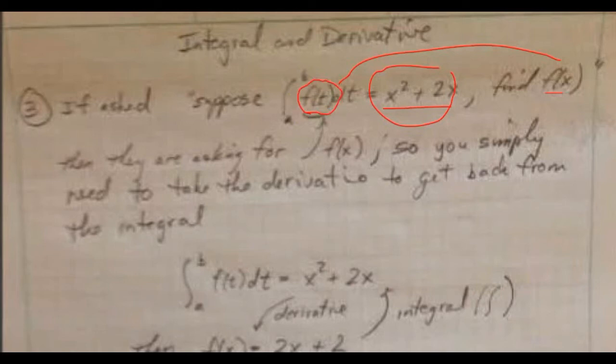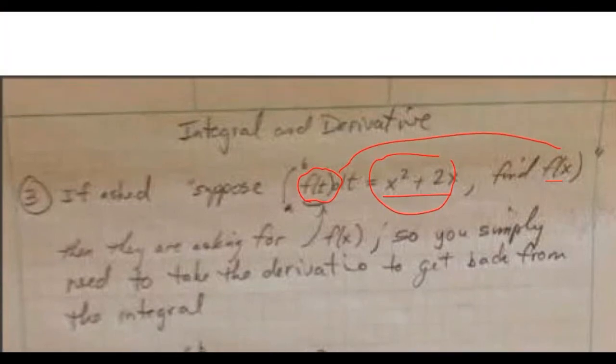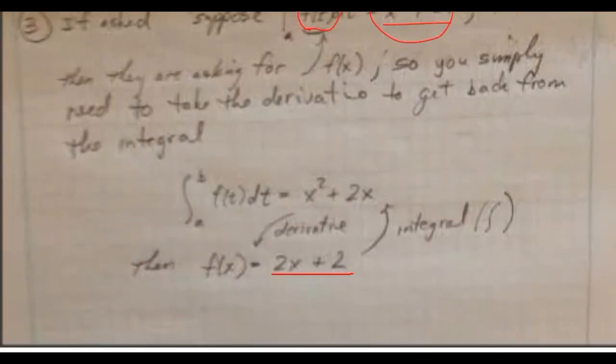So we're going to just take the derivative of what they give us. We take the derivative of this, and we get 2x plus 2. 2 times x, and then we just have the 2 from out front here. We get the 2, and we get the 2x. In this case, we can go back and forth if we wanted to.